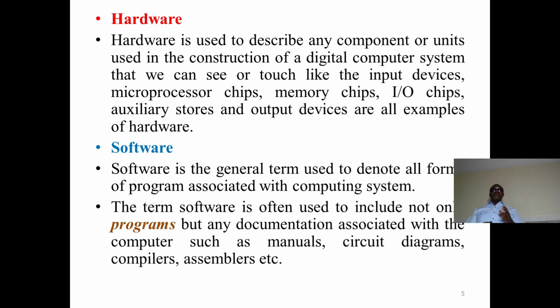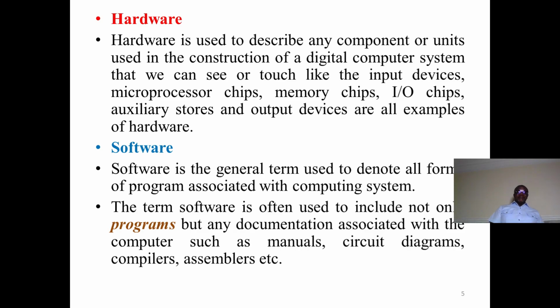So let's quickly look at the hardware. Hardware is used to describe any component or units used in the construction of a digital computer system that we can see, we can touch, like the input devices, the microprocessor chips, the memory chips, the input and output chips, the auxiliary stores, and other output devices.